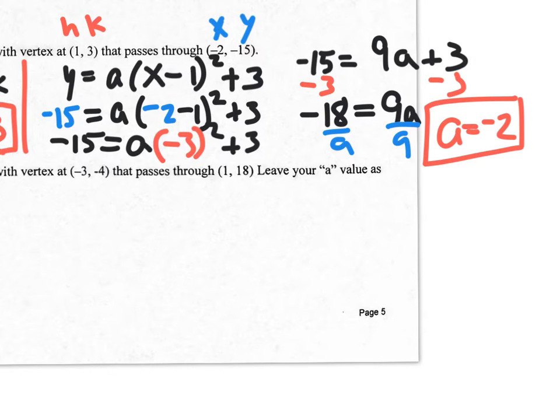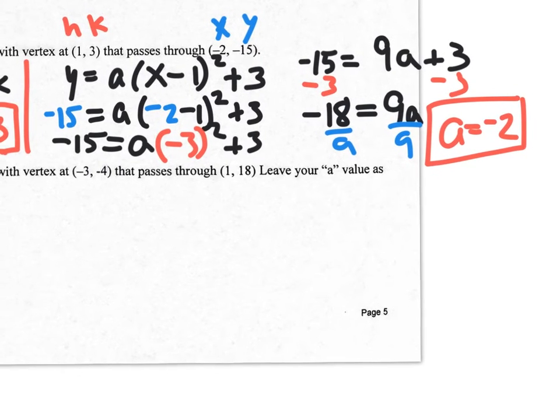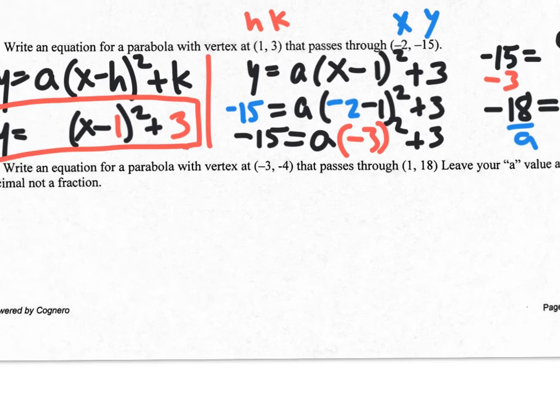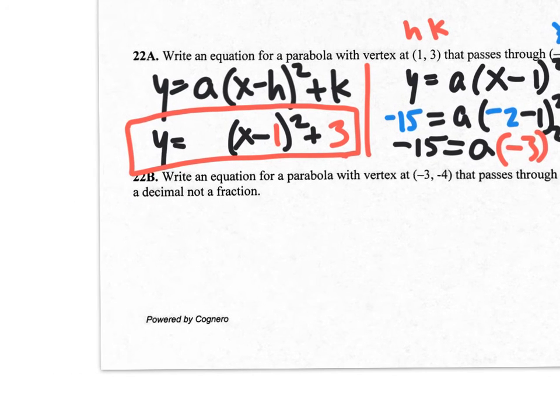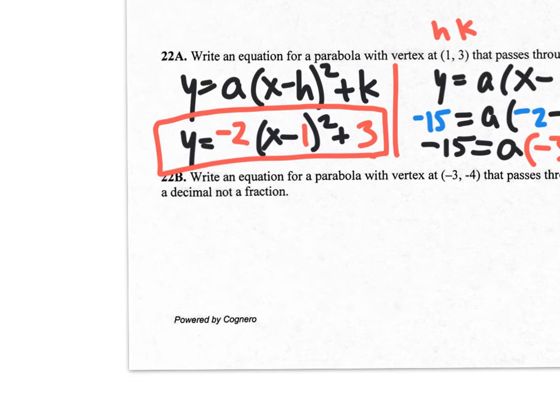Okay. So what does that mean? That means that we found the value that belongs out here in the front, which is -2. Cool? So that's your equation in vertex form that has the vertex (1, 3), and that passes through the point, whatever they gave us, (-2, -15).